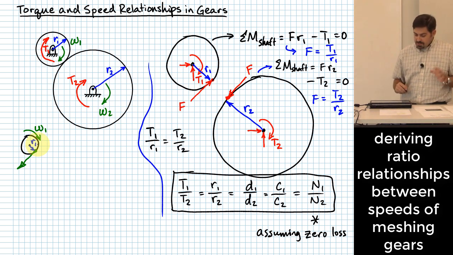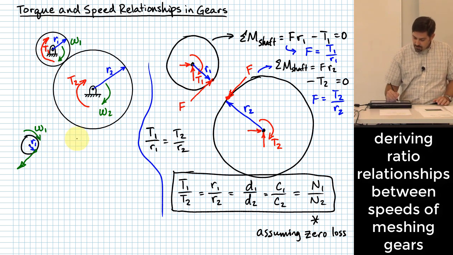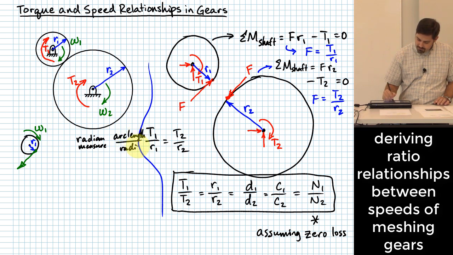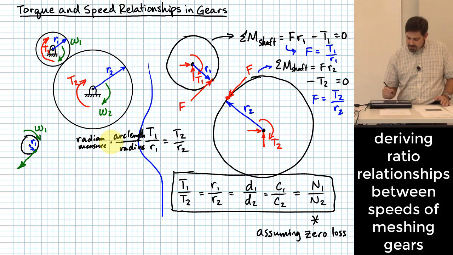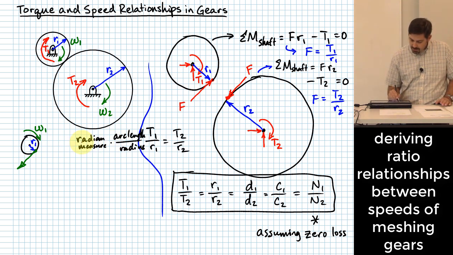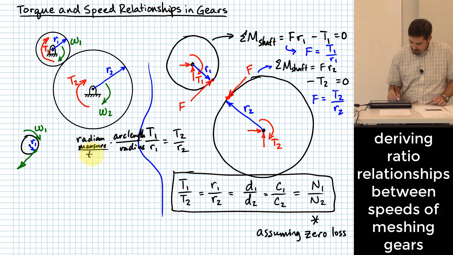But let's actually remember what our definition was of radians. What is a radian? Radian measure is arc length per radius. What if I take this and ask what's the rate of radian measure, like how fast are your radians changing? You divide that by time.